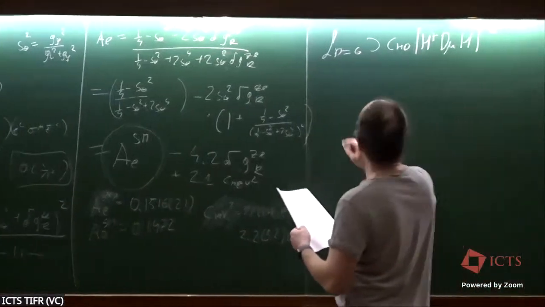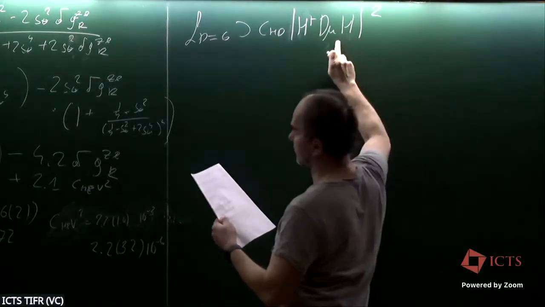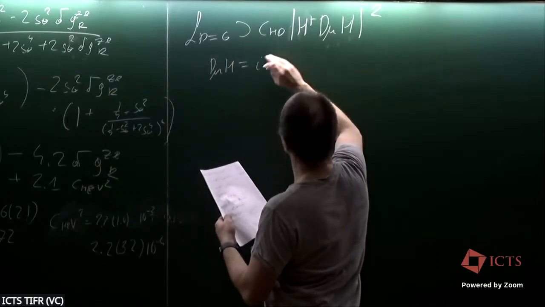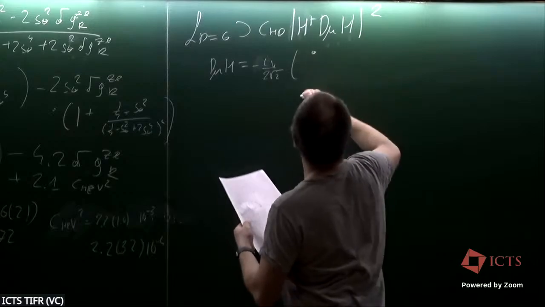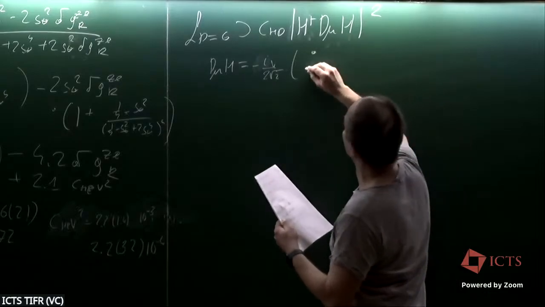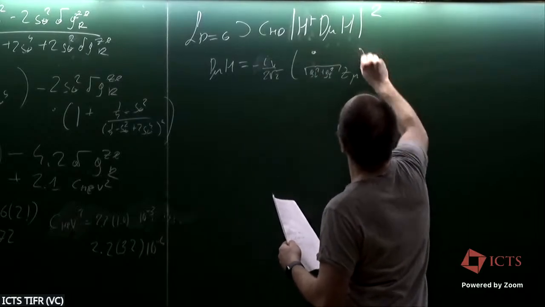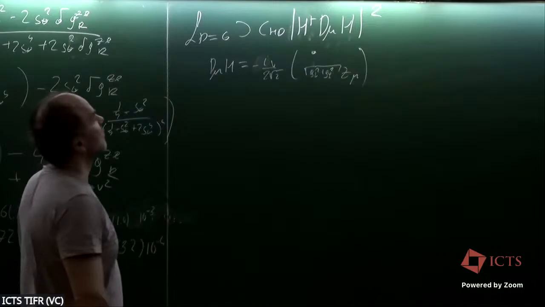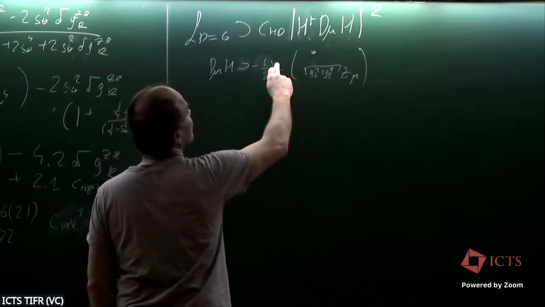So now if you write down the covariant derivative here, you find that D mu H will be something minus EV over 2 square root of 2, and then something, whatever, it doesn't matter because it will be projected out by the VEV of the Higgs, and here you have square root of GL squared plus GY squared Z. So when you multiply it by the Higgs VEV here, it will be multiplied by another V over 2.